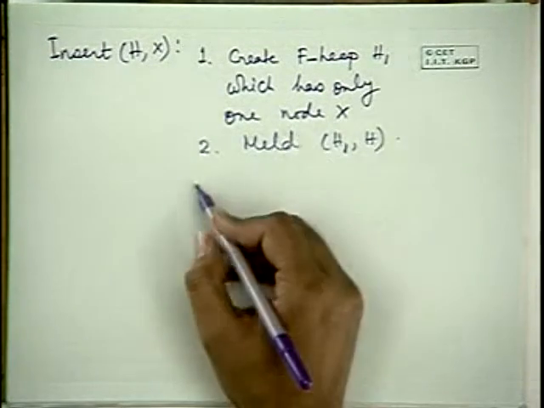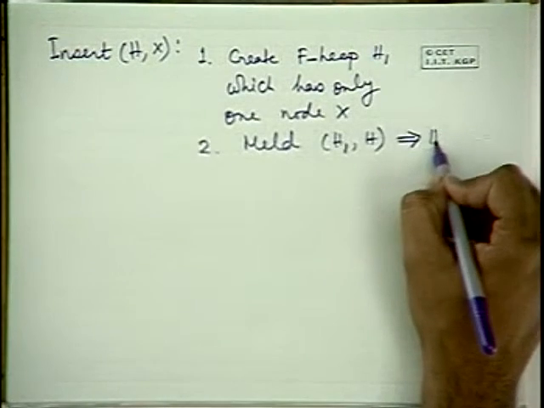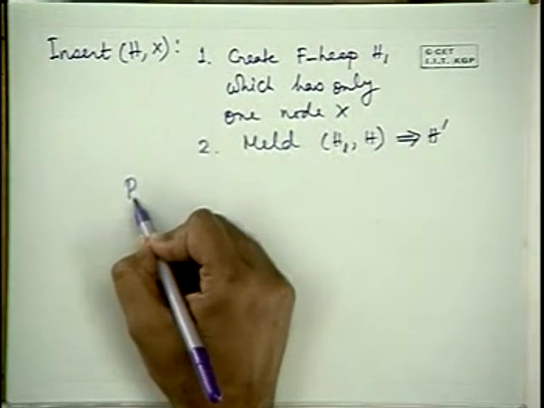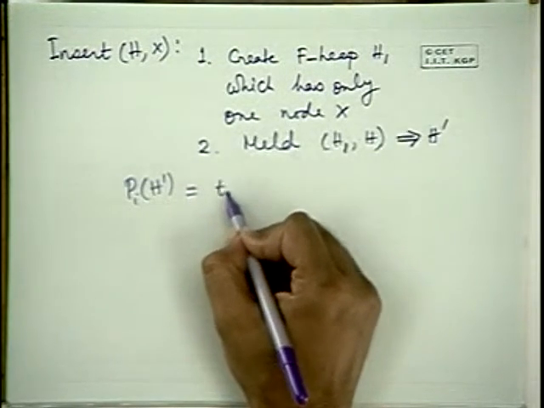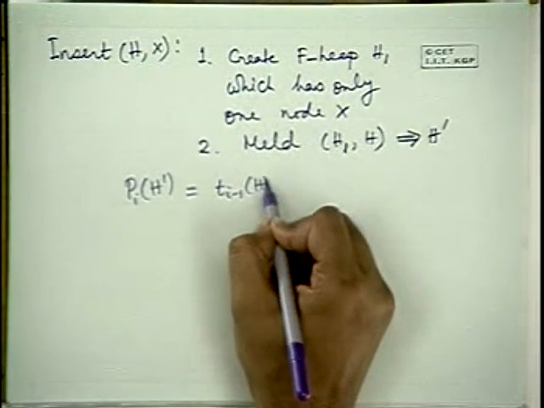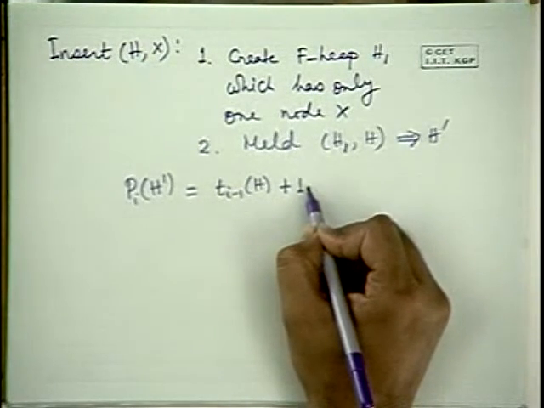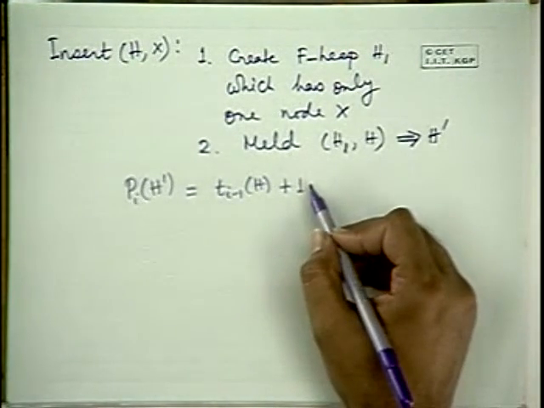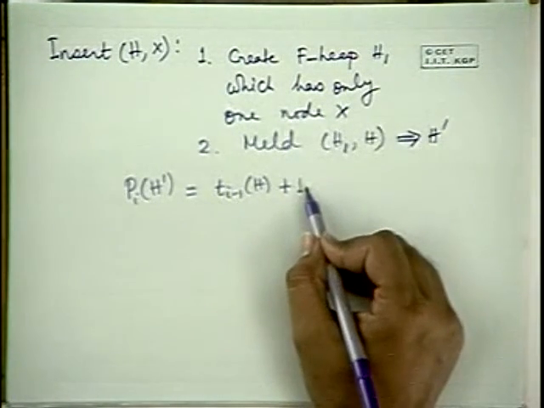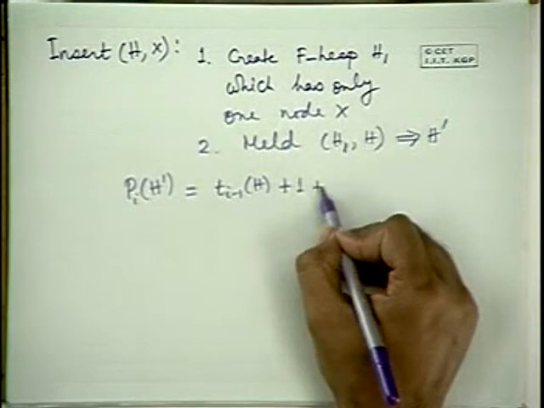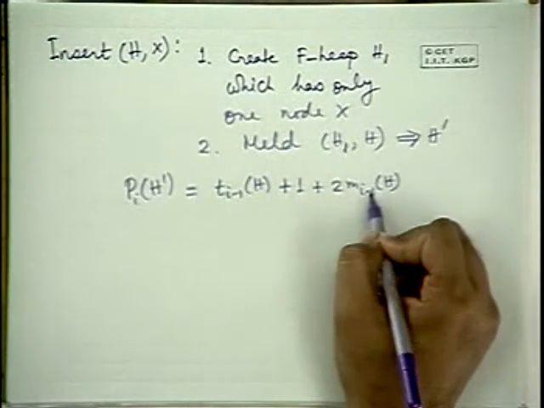So let's suppose this one gives me the new heap, say H prime. So what is the potential of H prime? It is Ti(H) plus 1, because now the root cycle has one more. Previously it was Ti(H) plus this new root, so that is plus 1, and 2 times Mi(H). This remains the same.